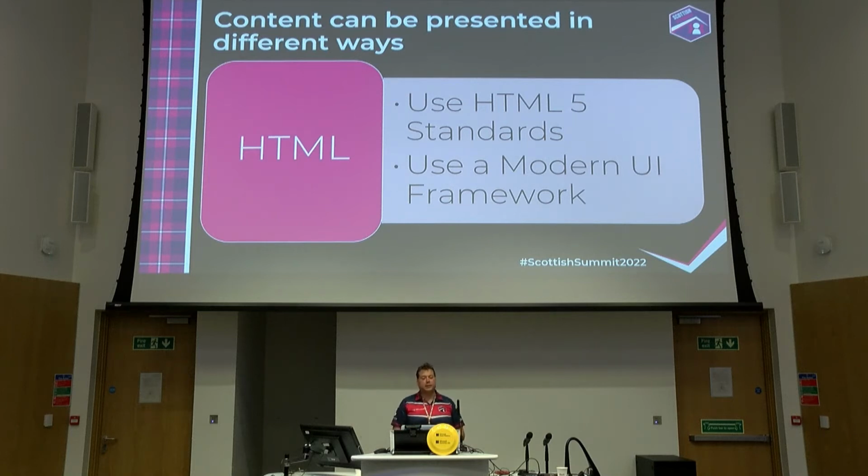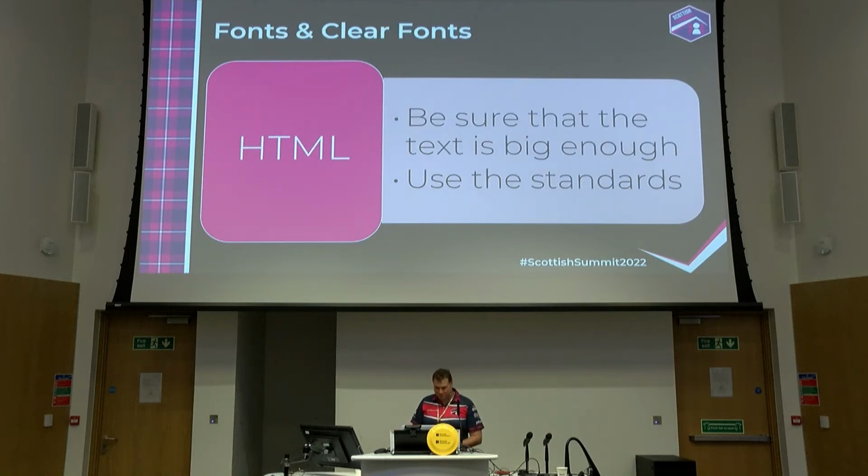Content can be presented in different ways. Simple: use the right and the modern HTML5 standards. And use a modern UI framework, that can be Bootstrap, that can be Tailwind CSS, but the modern ones. If you start a new Blazor application in .NET, it's Bootstrap, but you can change it. You can change everything in .NET. Fonts and clear fonts.